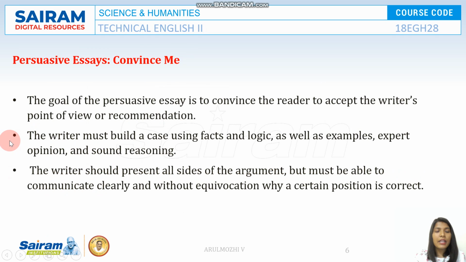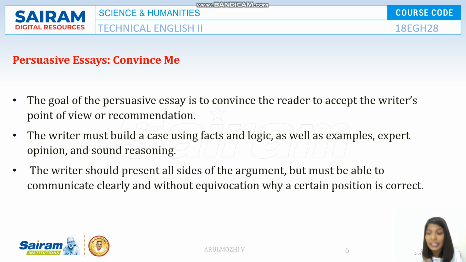And then we have persuasive essay, the main aim behind which is to convince the reader. Okay, the persuasive essay also produces a lot of facts and information. But the only difference between the persuasive essay and expository essay is that the expository essay just produces the facts as they are.